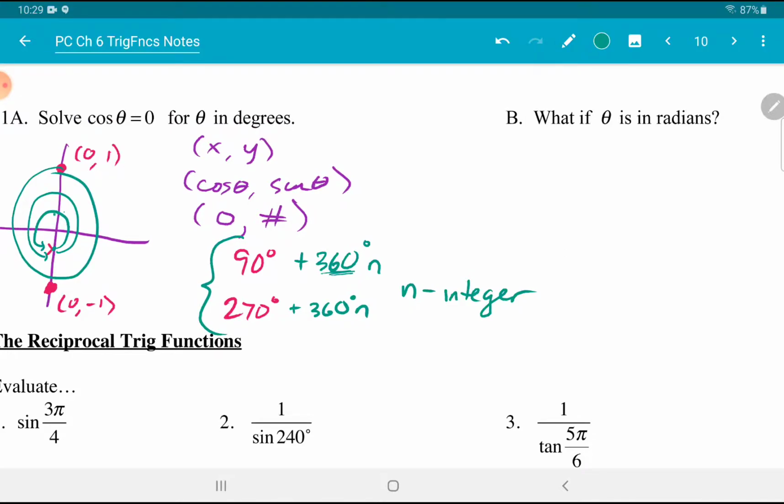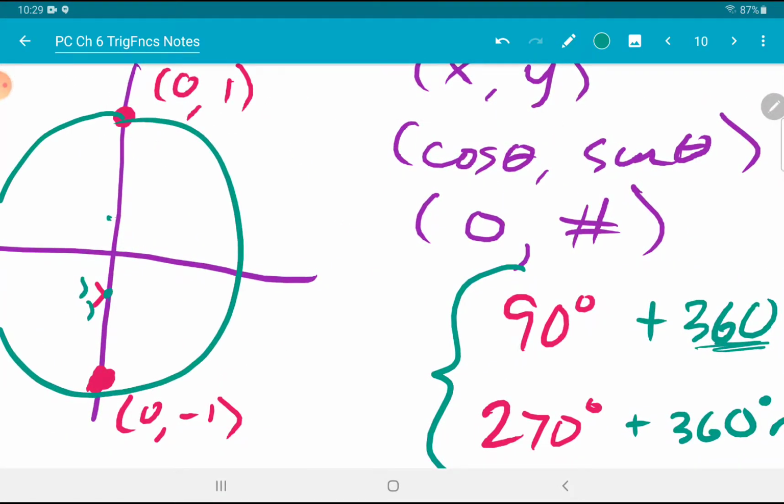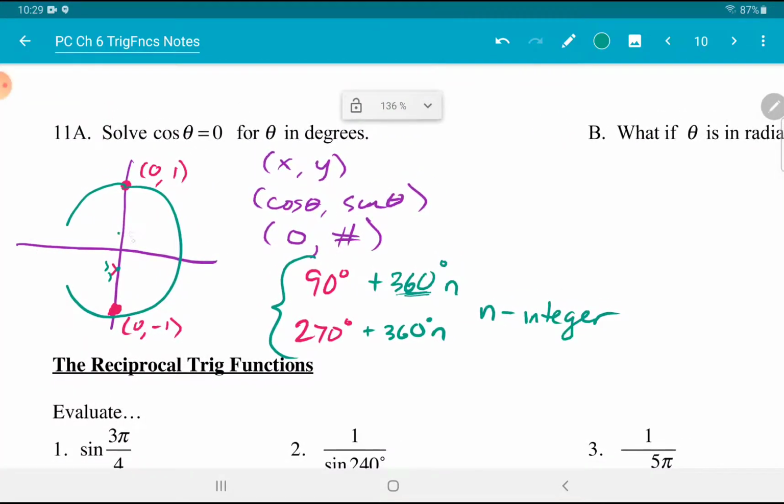Or if you really want to consolidate everything, here's our circle again. What we can say is that if we reach the 90-degree mark, technically we could just add 180 degrees to get to the next mark, and then add another 180 degrees to get to the next mark, and then add another 180, and so on and so on.